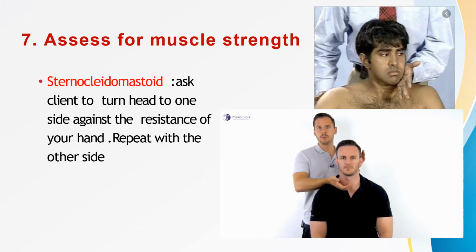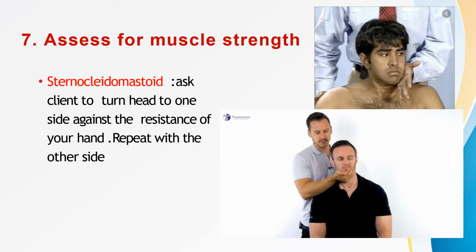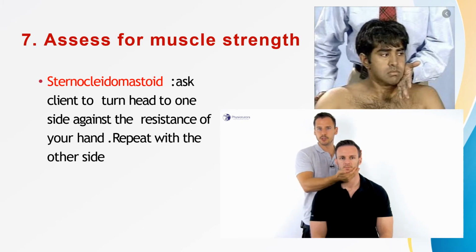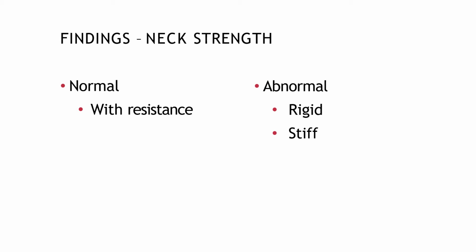This determines the strength of the sternocleidomastoid muscles. Our normal finding is that there would be resistance as the patient turns his neck to the other side as we apply our resistance. An abnormal finding is that the neck would be rigid and stiff.